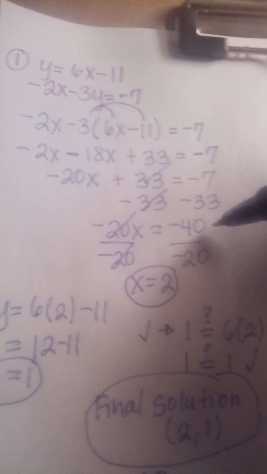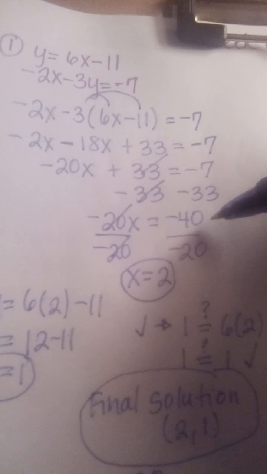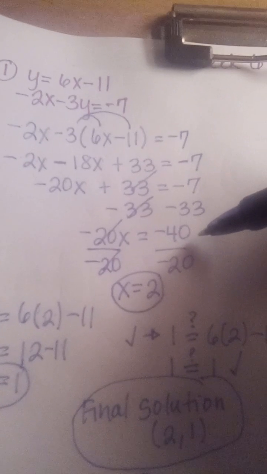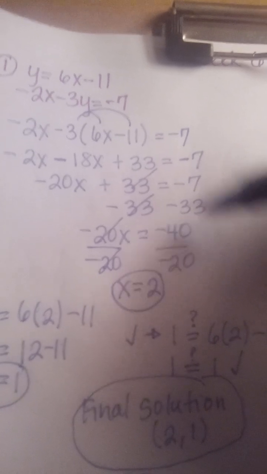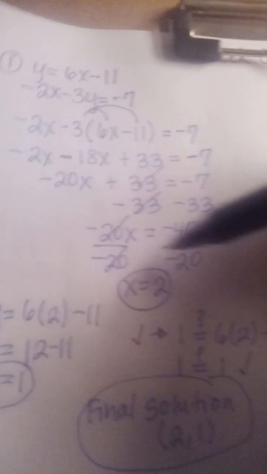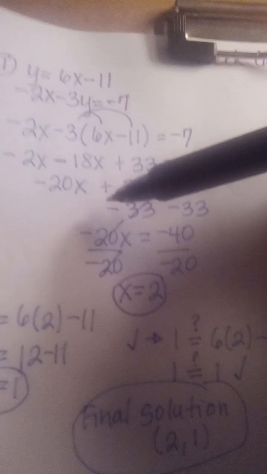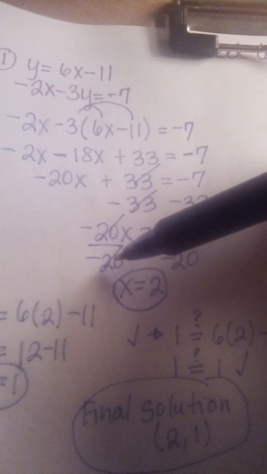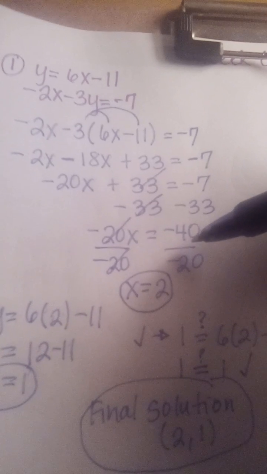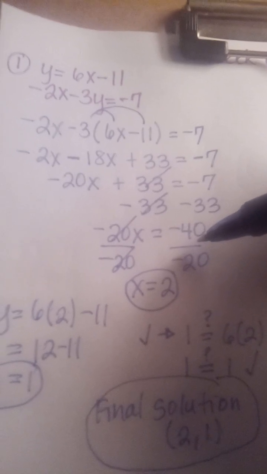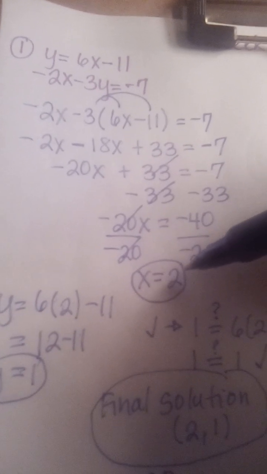That gives us negative 40, mind to add. And in that step, then you have to divide both sides of the equation by negative 20, crossing out the 20s on the left side, bringing down the x, and then negative 40 divided by negative 20. A negative times a negative equals a positive. There we have positive 2.